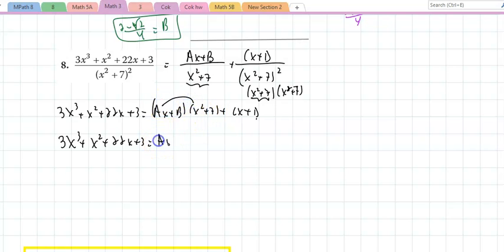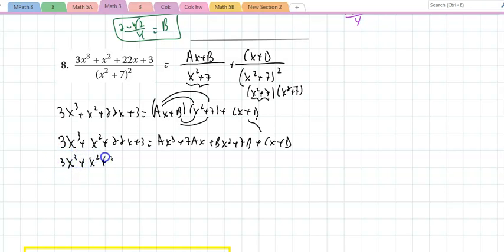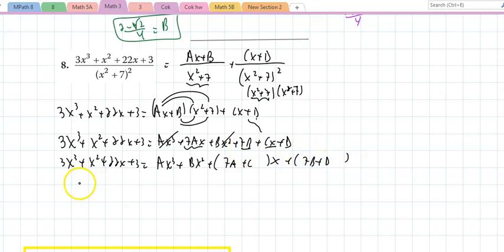That's going to be ax cubed plus 7ax plus bx squared plus 7b plus cx plus d. I'm going to say 3x cubed plus x squared plus 22x plus 3 equals ax cubed is 1 of a kind, bx squared is 1 of a kind, right? If I want to go for x, 7a plus c, and if I go for the constant, 7b plus d.